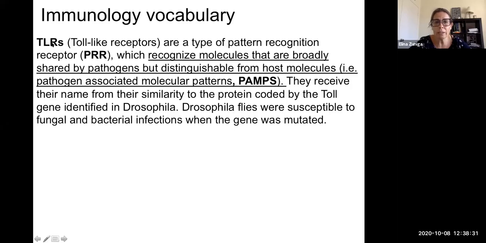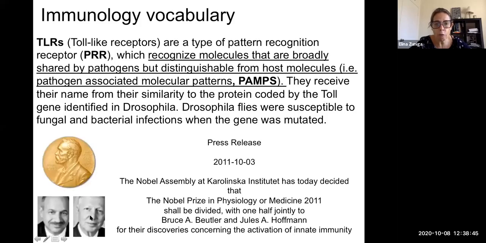These toll-like receptors receive their name for their similarity to the protein coded by the toll gene, a gene that was first identified in Drosophila by Hoffman, and that earned him the Nobel Prize.